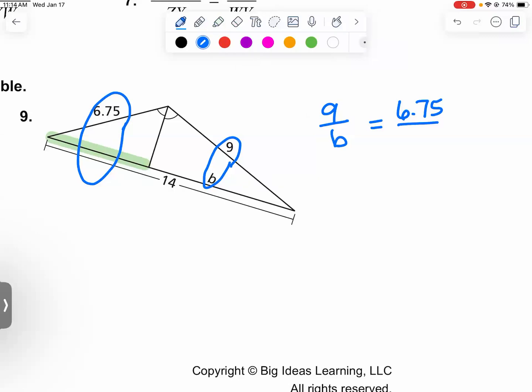We don't know how long it is. Looks like 6. So, what'd you say? 14 minus B. Yes. If we know that this segment is B and the whole thing is 14, then this cute little guy is 14 minus B.